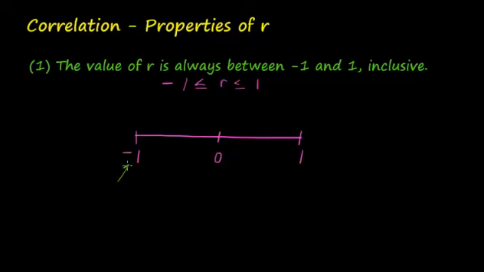So if we're exactly at -1, we have a perfect negative linear correlation or relationship. And at +1 is where we have a perfect positive linear correlation.